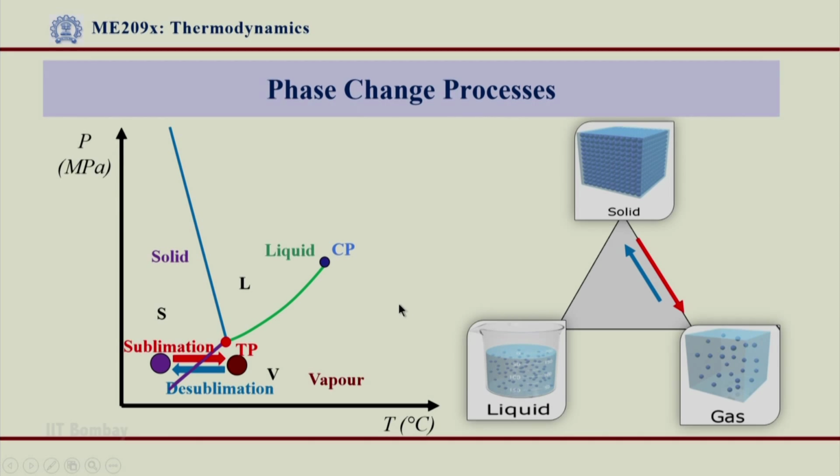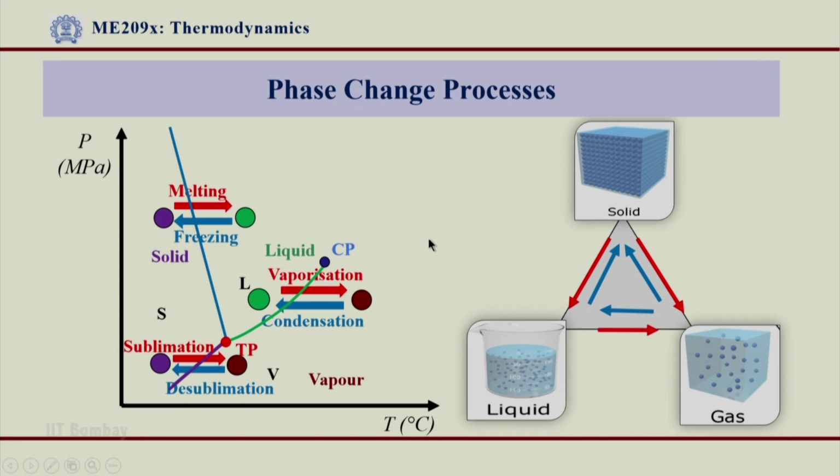So, all these processes of phase change occur across these phase change lines, solid liquid, liquid vapor and solid vapor, these three lines of this crooked Y. So, I have shown here all the three processes, melting, freezing, vaporization, condensation, sublimation and desublimation, occurring from solid to liquid region, liquid to vapor region and solid to vapor region respectively.